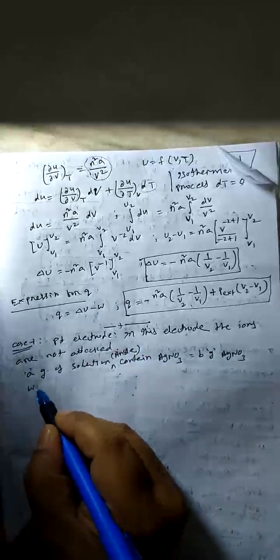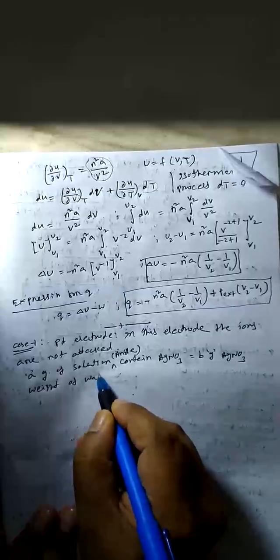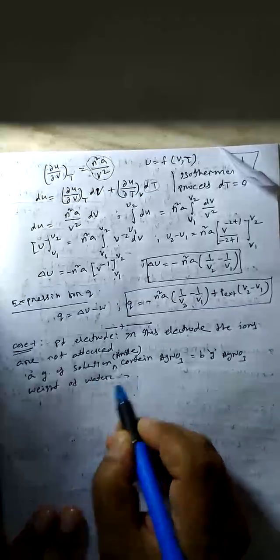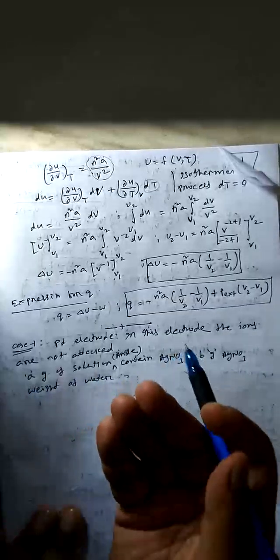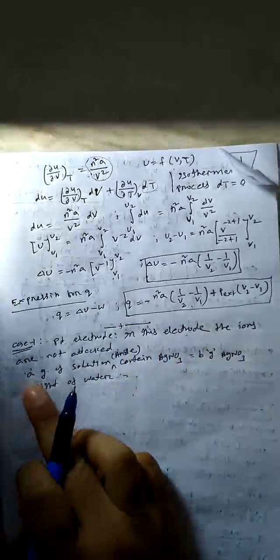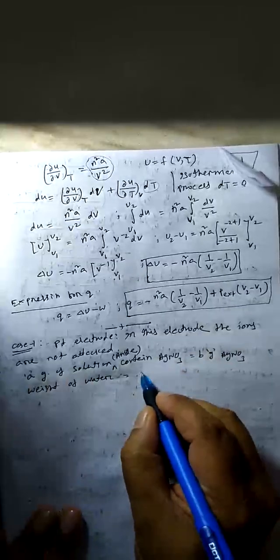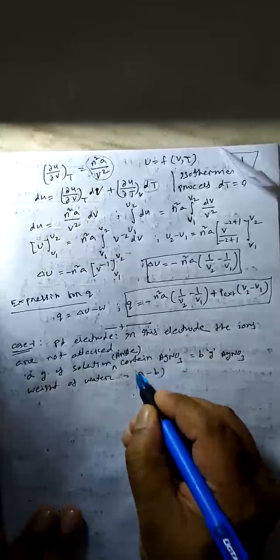Then the weight of water: a gram of solution means silver nitrate plus water. The solution is a gram, and in it b gram of silver nitrate is present. Then the weight of water is a minus b gram.